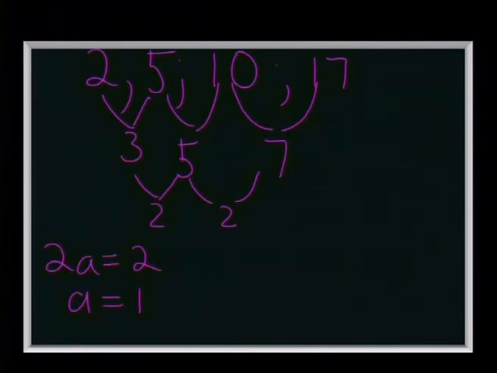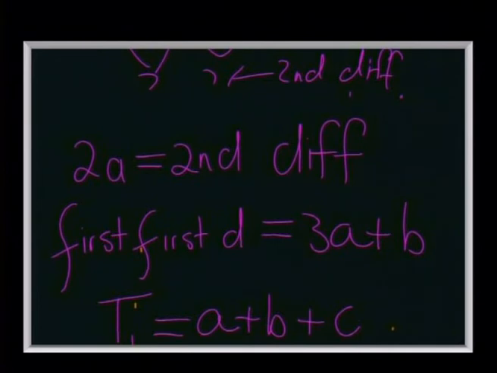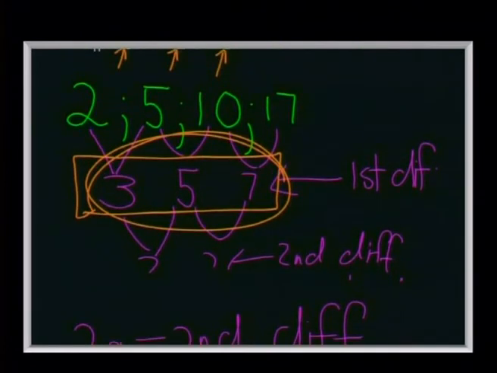Then you have a look at the next part of the formula. The next part says the first term of the first difference is given by 3a plus b. So the first term of the first difference in this case, it's that guy over there, it's 3.